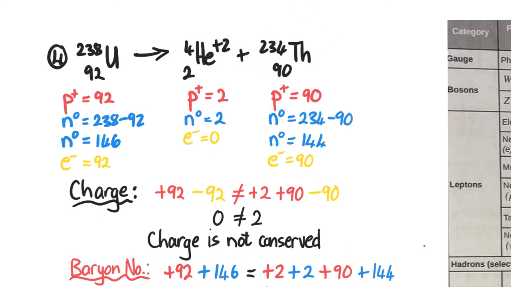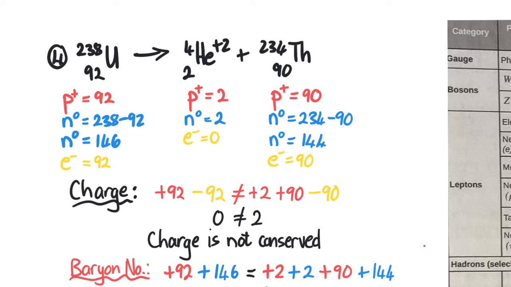So if we now do an analysis of the protons, neutrons, and electrons in each of these complex particles, these are not fundamental particles, these are not elementary particles, these are atoms and nuclei, and they've got nuclei that consist of protons and neutrons, and there are electrons as well in each of these atoms.